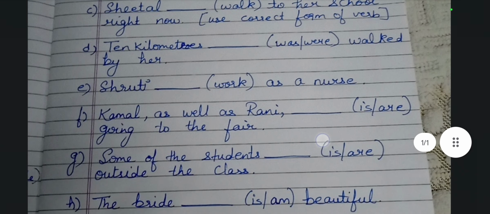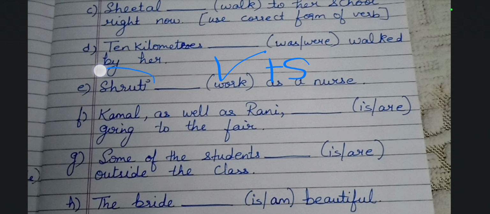Next, Shruti dash as a nurse. We are talking about profession. This information is always going to remain true. है ना, वो जो काम करती है वो उसके बारे में एक ऐसी information है जो हमेशा सच रहेगी. So Shruti works as a nurse. We will use work plus s because our subject is singular.